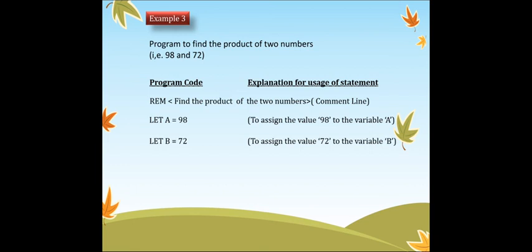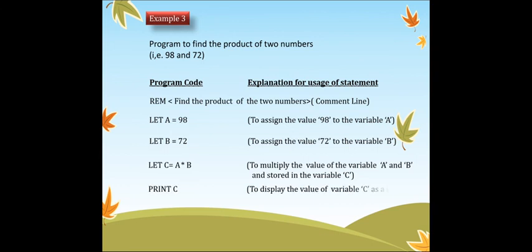Third line, to assign the value 72 to the variable b. Next line, to multiply the value of variables a and b and store it in the variable c. Next line, to display the value of variable c as a result. At last, END, to end the program.